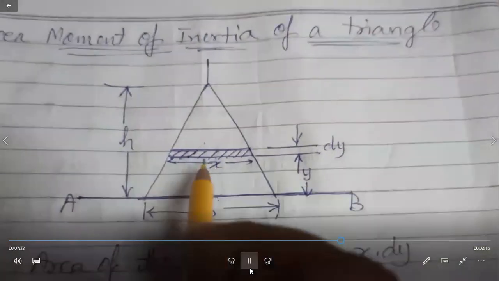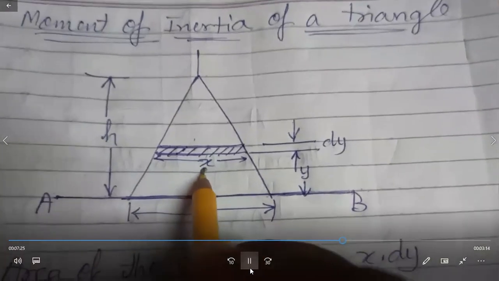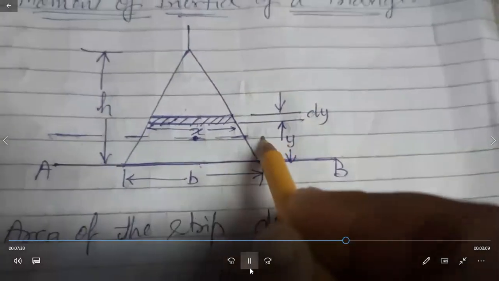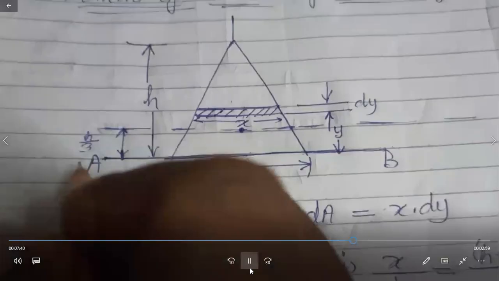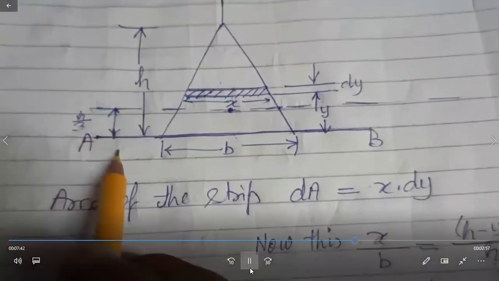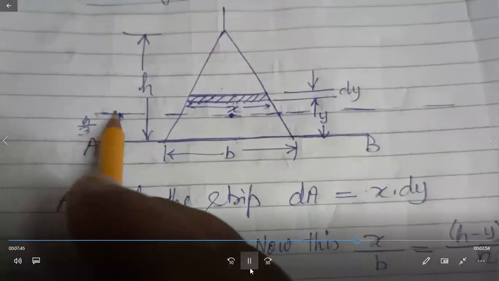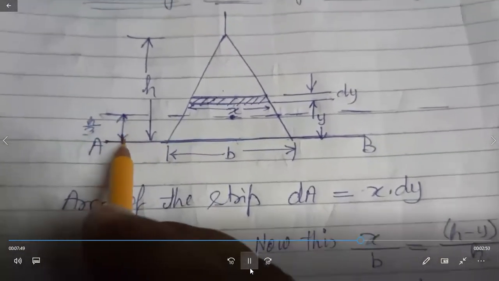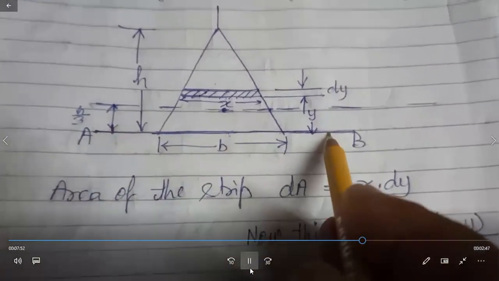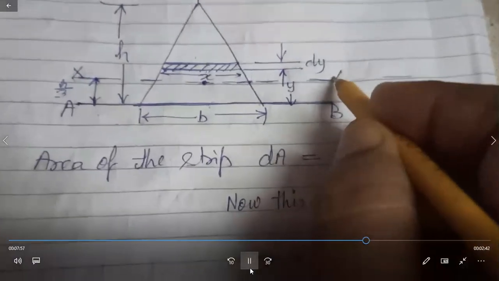Suppose this is the centroid and the centroidal axis is at a distance h by 3, because we know the centroid is at a distance h by 3 from this line. So this is the distance. Now we have to transfer the moment of inertia about AB to this x-axis.